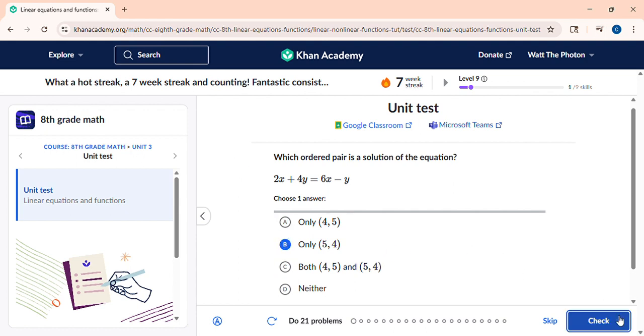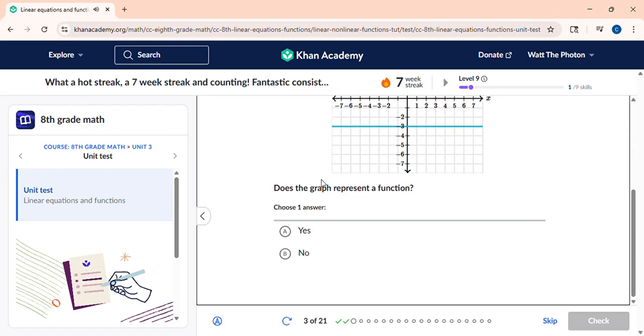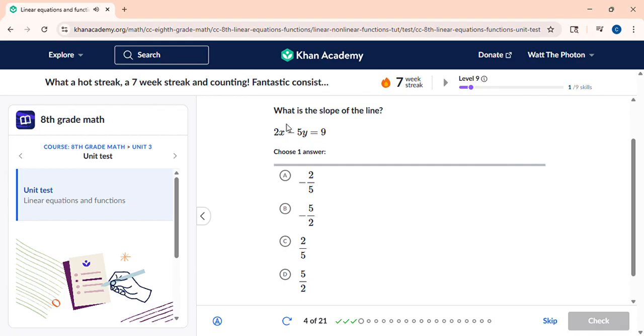Only 5, 4. X is equal to 6, y is equal to 8. Negative 5y over negative 2x, so y is equal to 2 over 5.